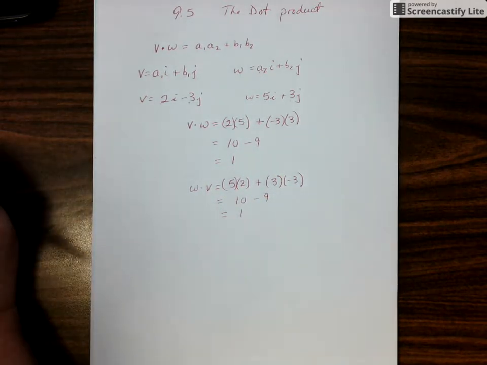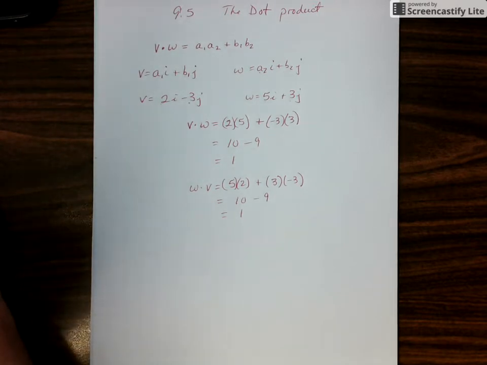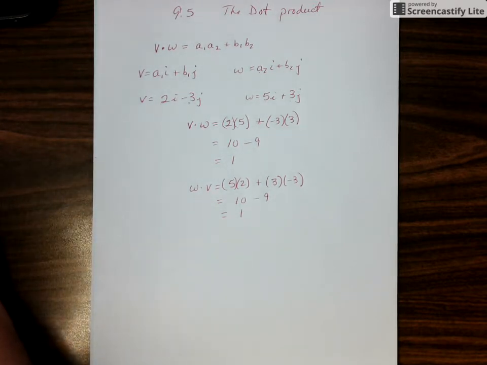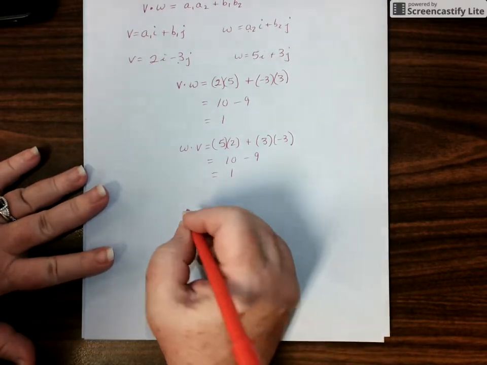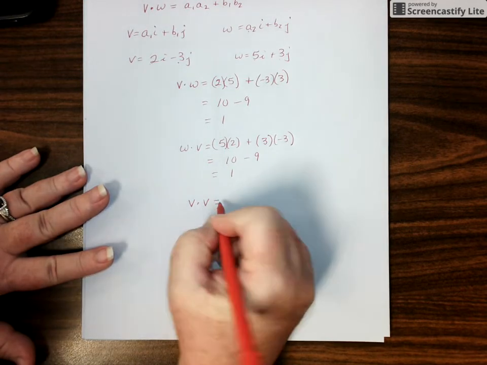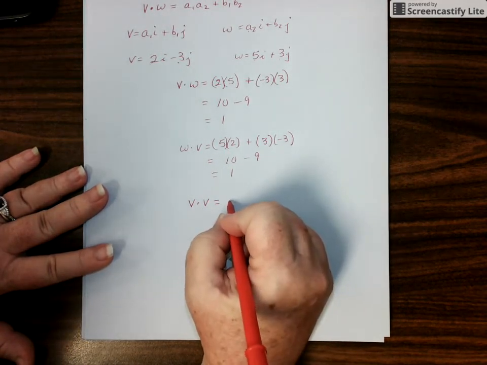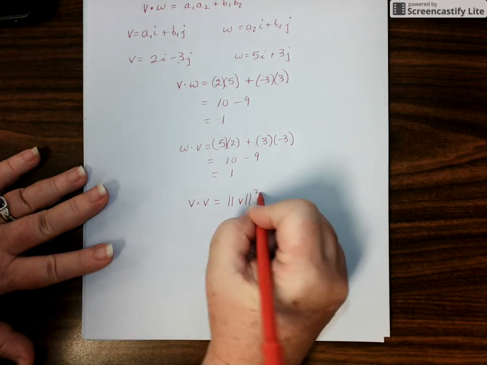So because of that, we know that the dot product is commutative. The dot product is also distributive. When you find the dot product of a vector with itself, you will always end up with the magnitude of that vector squared.